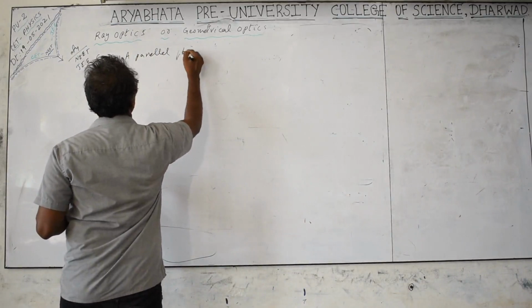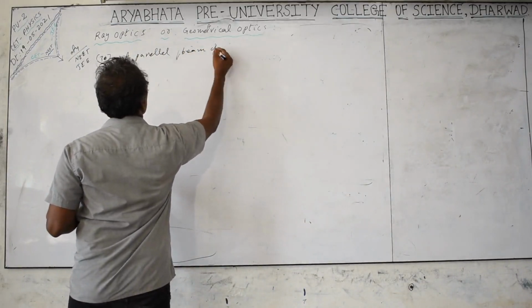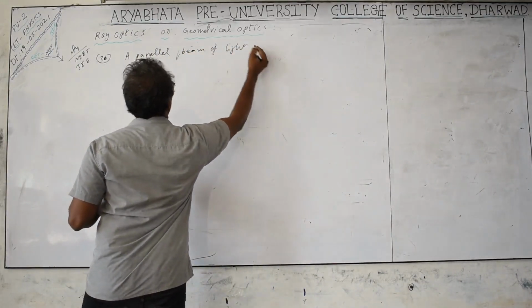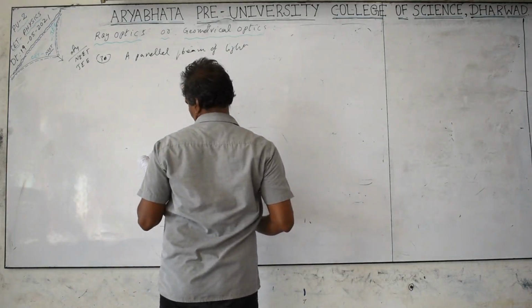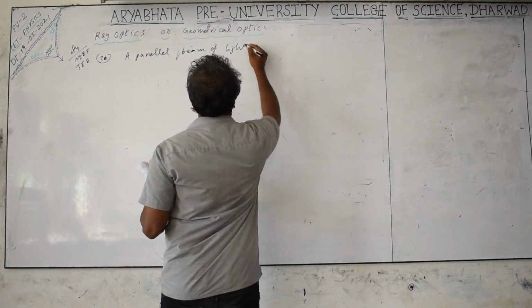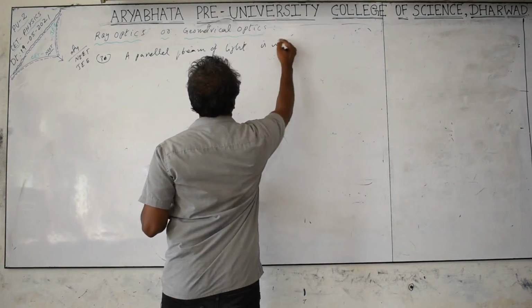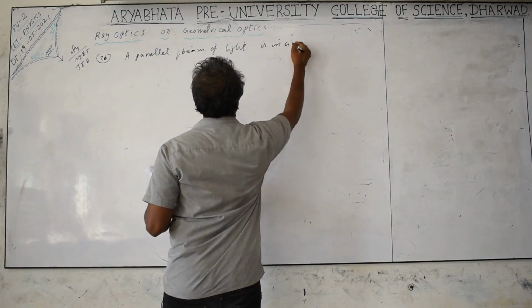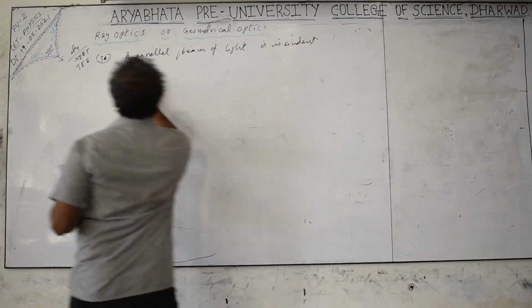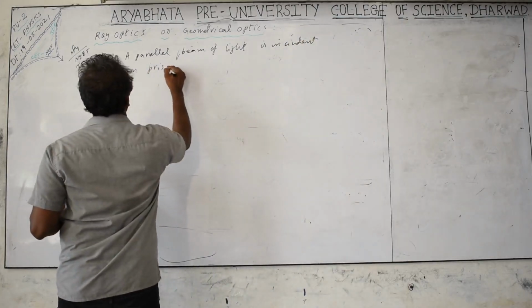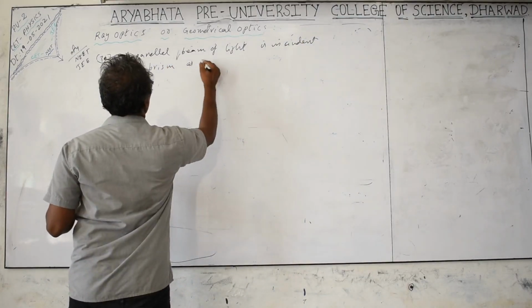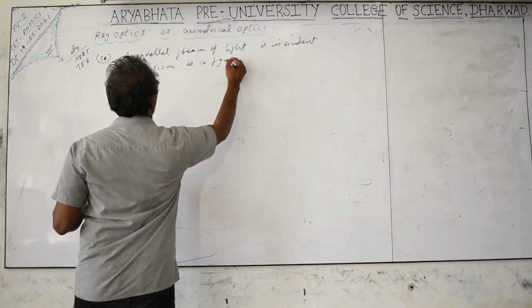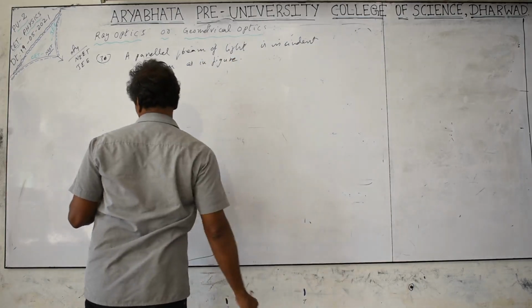A parallel beam of light is incident on the prism, as in the figure.